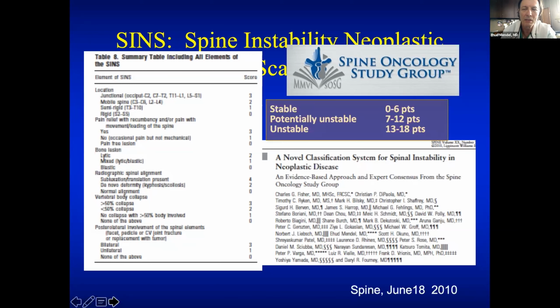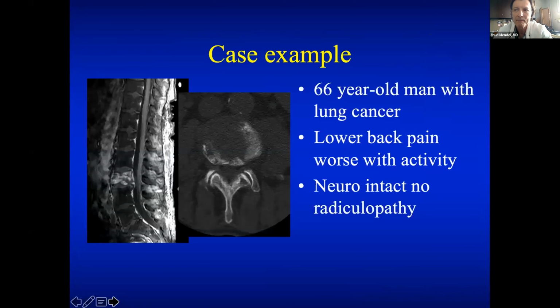So you can see how these are the things that we emphasize with this particular table, and that by adding those points that allow us to kind of determine stability, potentially instability, and unstable. So here's an example. Without thinking about this table, you look at it and you say, well, we got a patient, he's 66, he has lung cancer, he has a fracture there, no canal compromise, but there is a fracture there at L3.